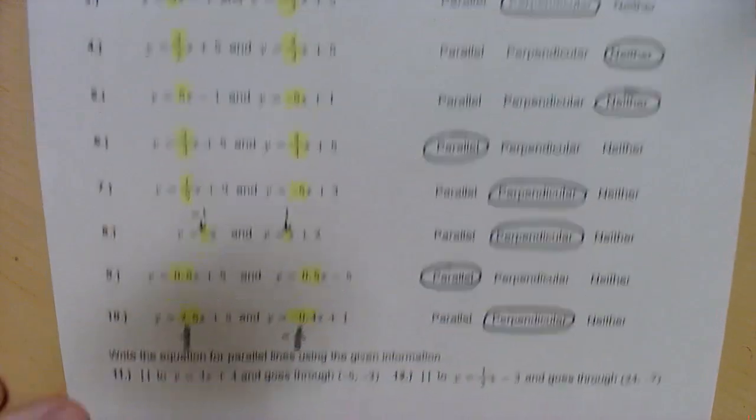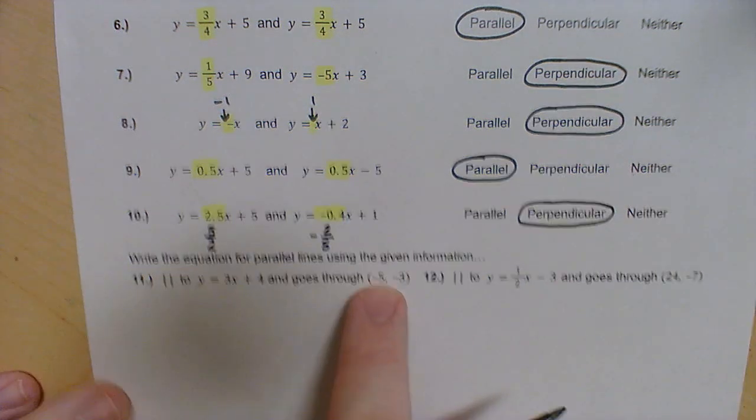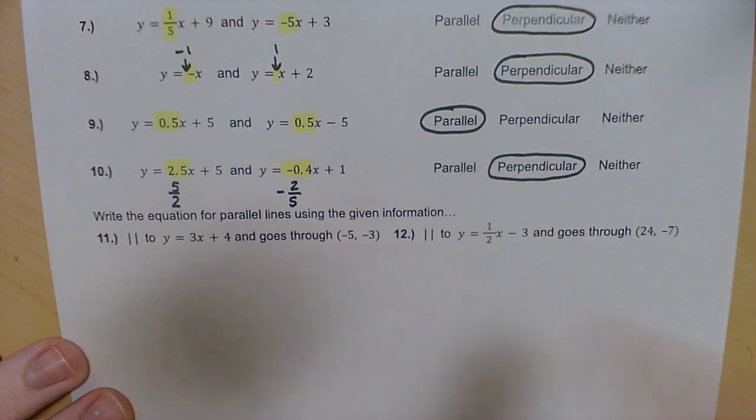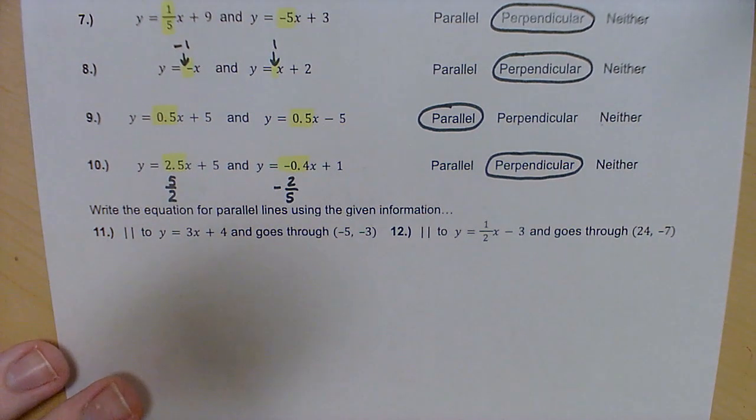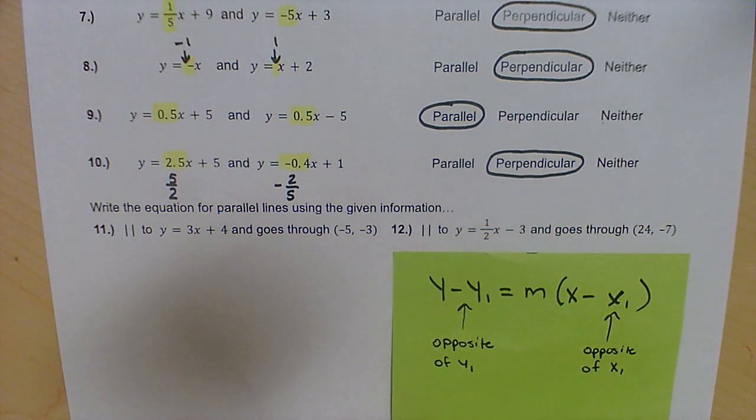Okay, so for 11 and 12, we wanted to write the equation that is parallel to this equation and goes through -5, -3. So, I've got everything I need for point slope form. Remember, point slope form is this guy, y minus y1 equals m times x minus x1.